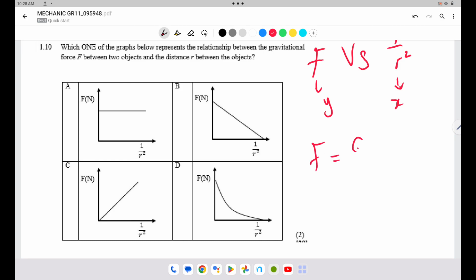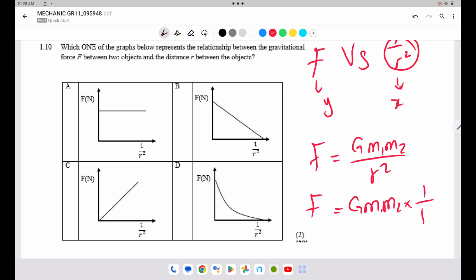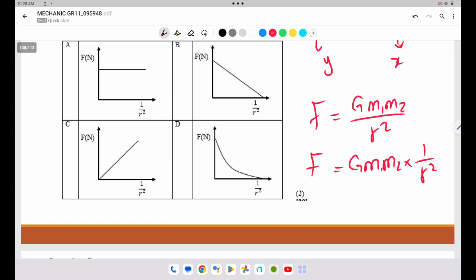F is equals to G m1 m2 over r squared. And then you find this 1 over r squared factor. So you have F equals to G m1 m2 multiplied by 1 over r squared. You can make the replacement. So this will be y equals to, this we plotted along the x, that will be x. So everything else, I'm going to replace it with a constant variable.